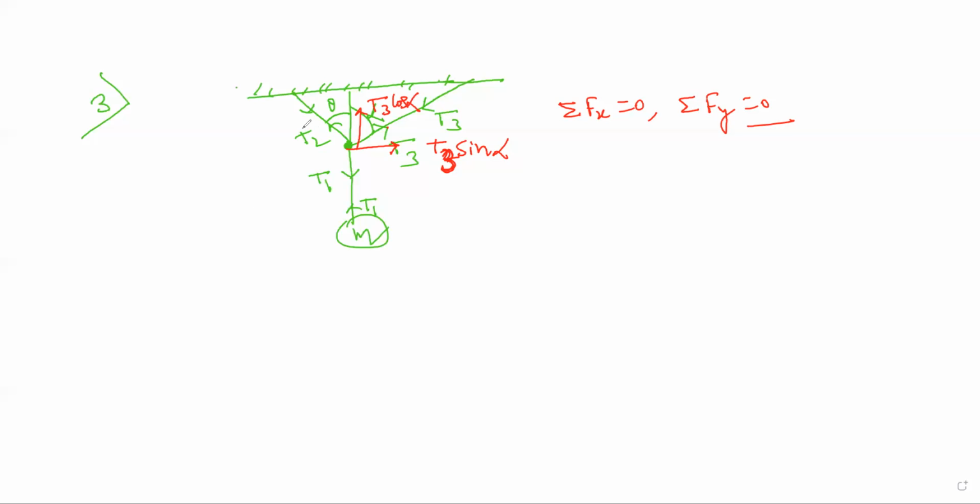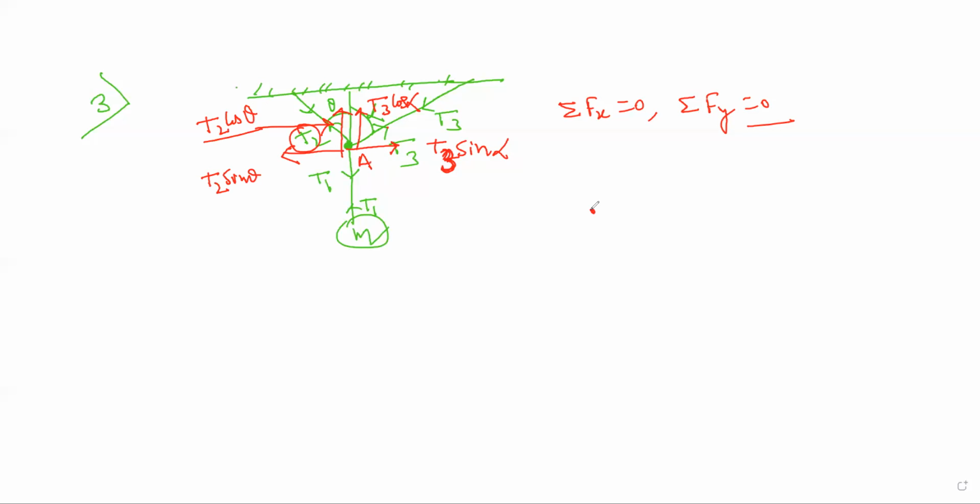Now I'm going to treat T2. The component of T2 in the horizontal direction is T2 sin theta, and in the vertical direction it is T2 cos theta. Suppose I have assigned this point A.